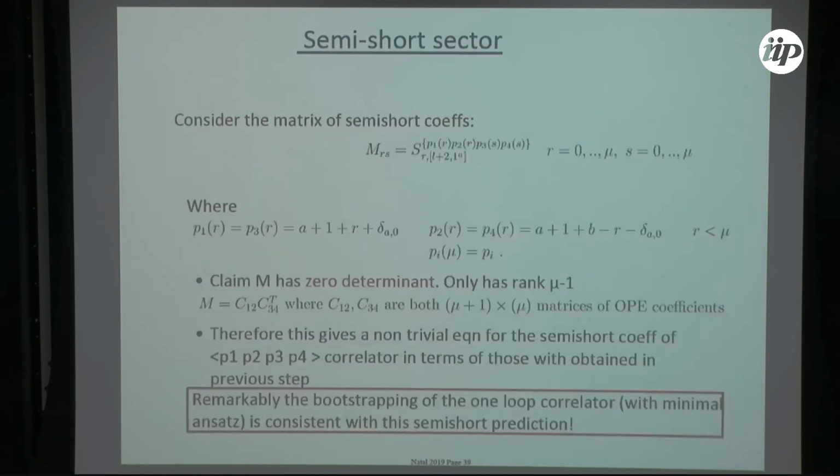So in other words, to cut a long story short, I've got a big matrix, all of which are known recursively from a previous stage. But the bottom corner of the matrix has my arbitrary P1, P2, P3, P4 correlator. And so that's the unknown that I want to determine.